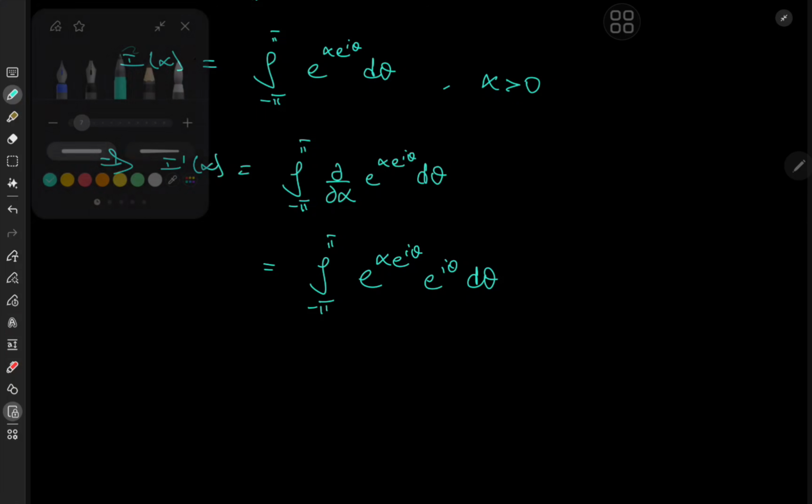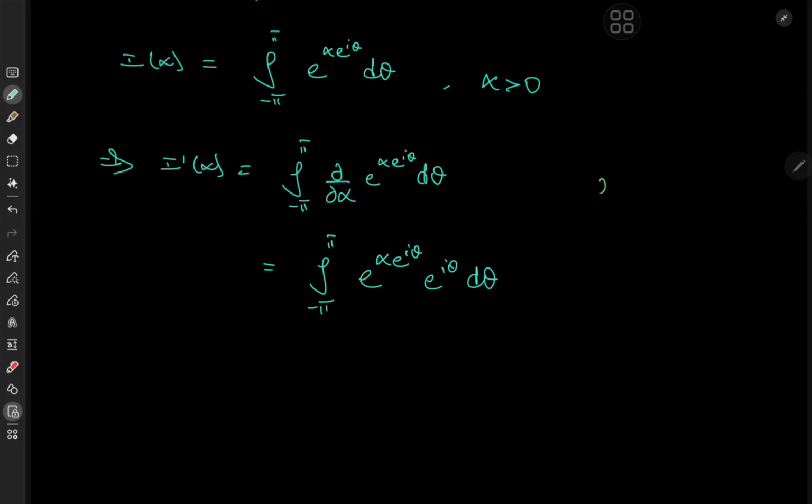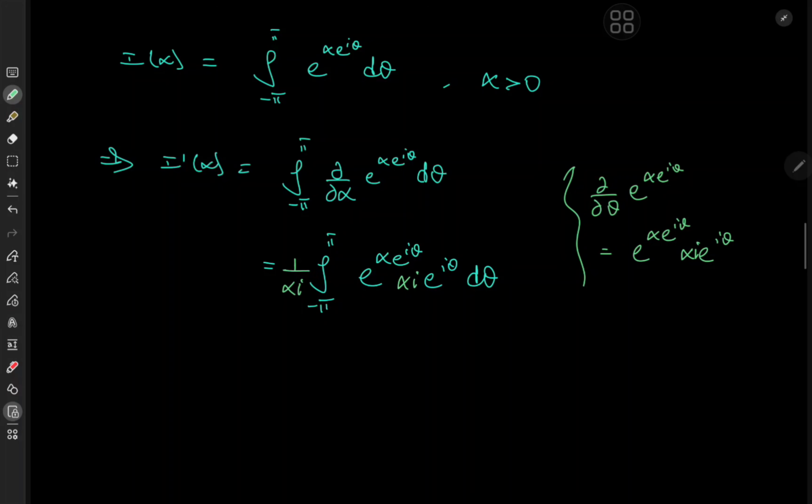If you differentiate with respect to theta e to the alpha e to the I theta, then the result would be e to the alpha e to the I theta, times alpha, e to the I theta, times, well, a factor of I. And that's something we're missing. We're missing a factor of alpha times I. So I could expand using alpha I over here, and then we're good to go.